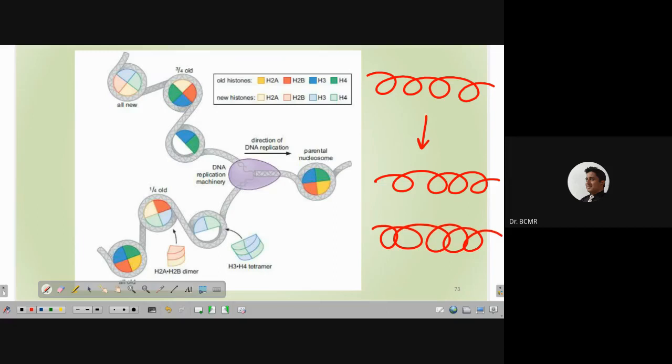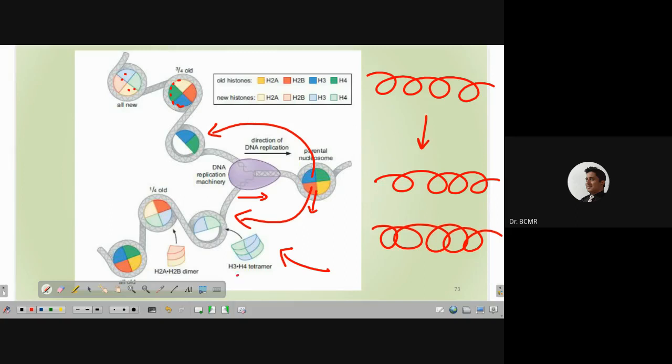So what happens is the nucleosomes, the brightly colored ones are the older ones, and the newly synthesized ones are shown in light colors. So as the DNA replication machinery is moving around in this way, the nucleosomes here are disassembled, and then some parts could be used up in either of the daughter DNA molecules.